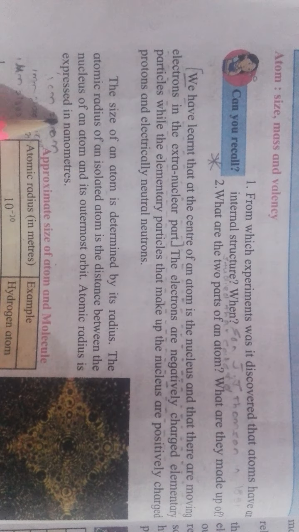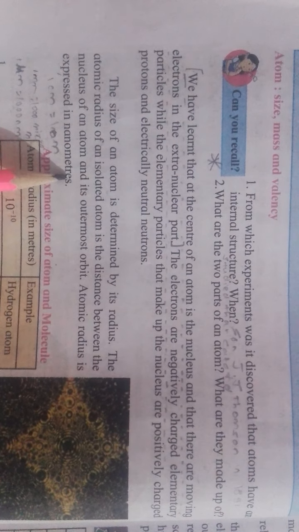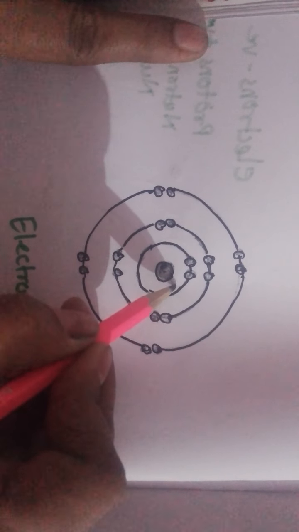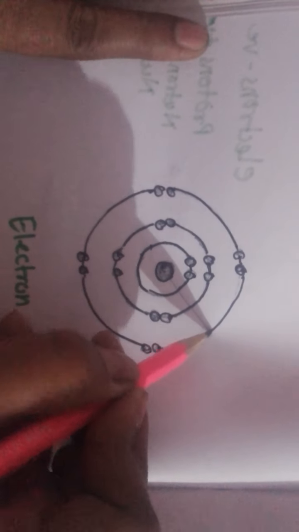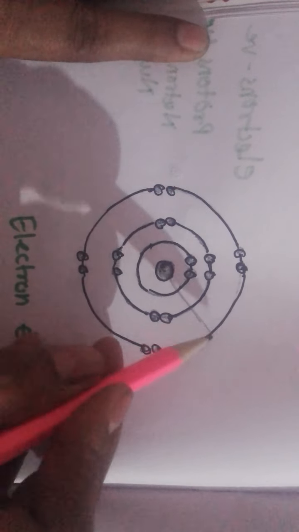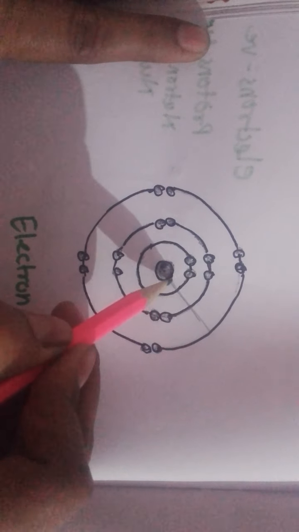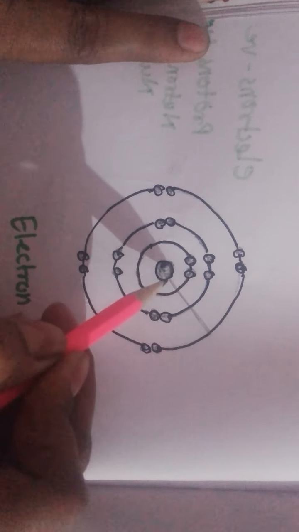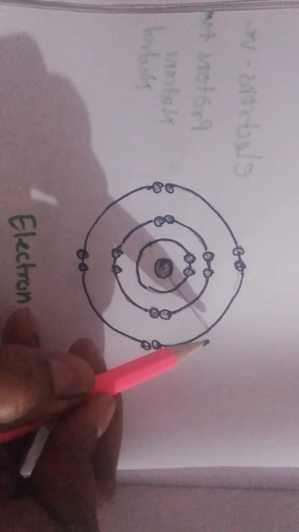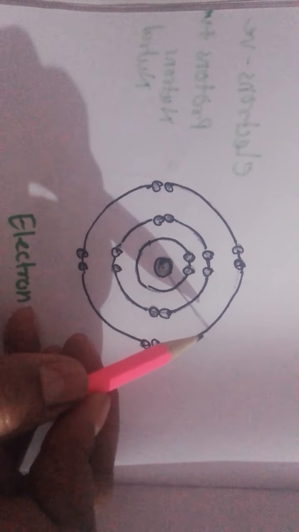Atomic radius is expressed in nanometers. See students, this is a circle and we have to measure the distance between this nucleus and this orbit, and we can determine the size of that atom.